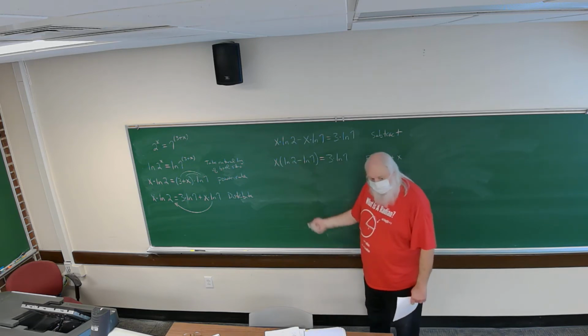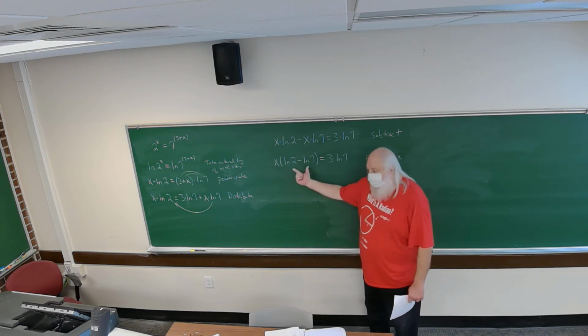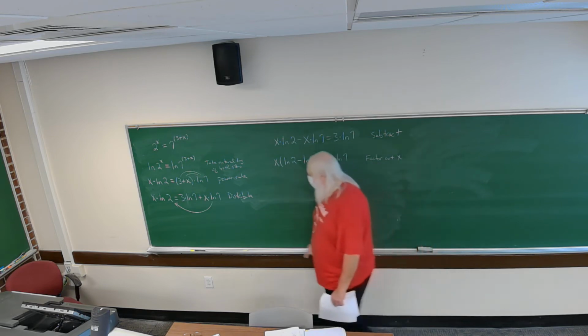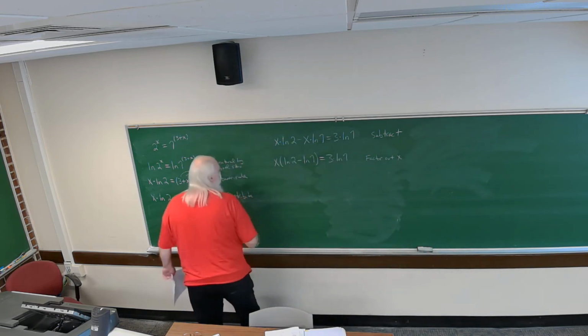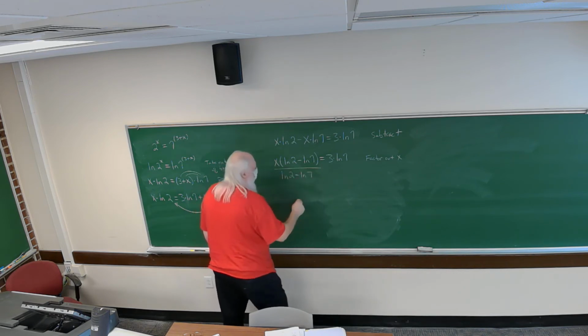What undoes multiplication? Division, right? So we just divide both sides by what's in parentheses here, and we isolate the x on the left-hand side. Divide both sides by the natural log of 2 minus the natural log of 7.